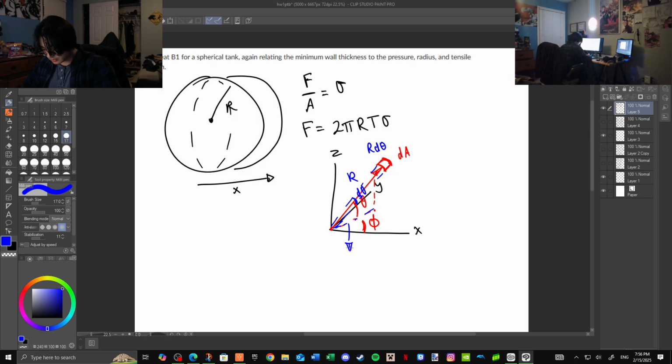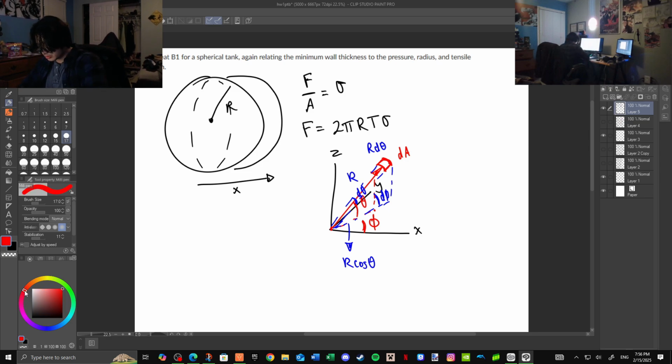And just like that other problem, that distance would be r cosine theta. We also need to remember that there's variance in phi, the angle relative to the x-plane. That angle will change depending on where that vector is located, and that can be represented as d phi.